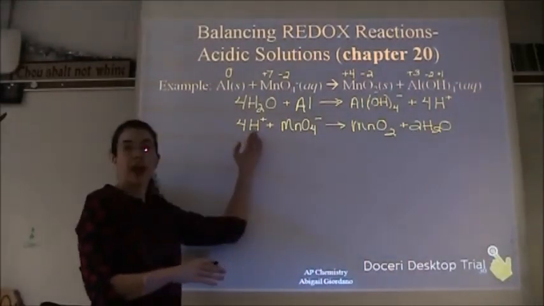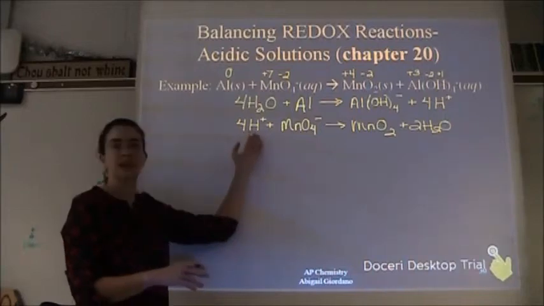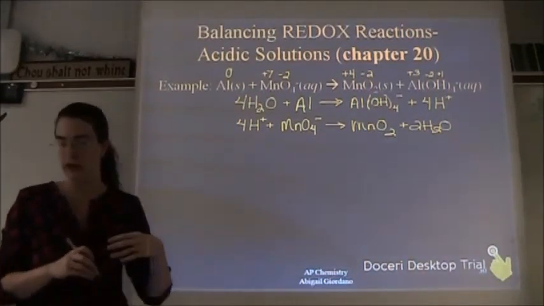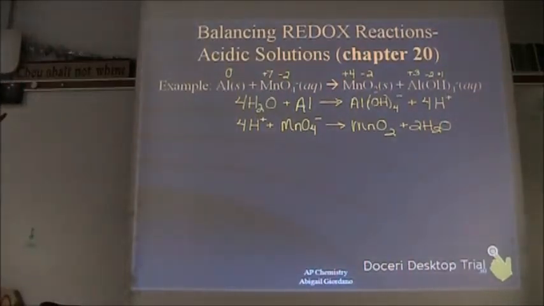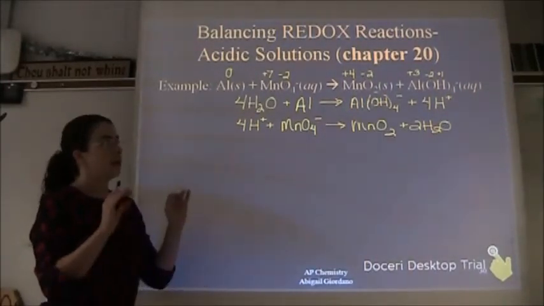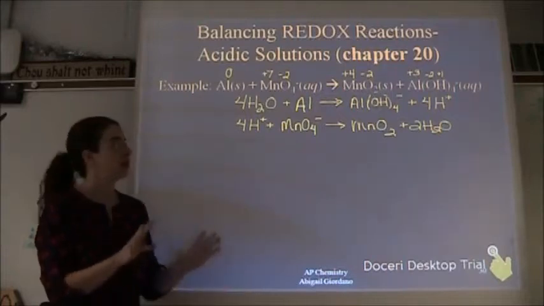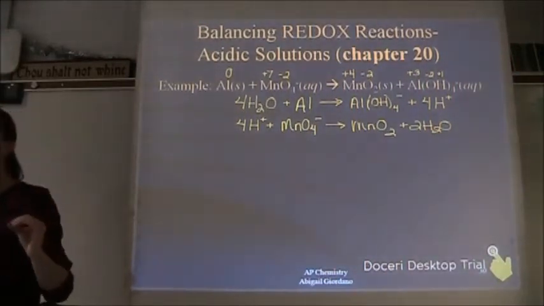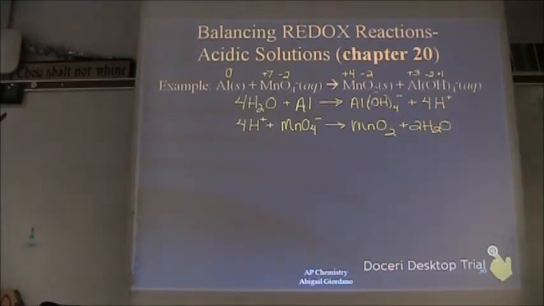So they're there, okay? I didn't just create this out of nothing. There are H plus ions floating around. Okay, now at this point, all of my elements should be balanced. But we still have an issue because these equations are not charge balanced.